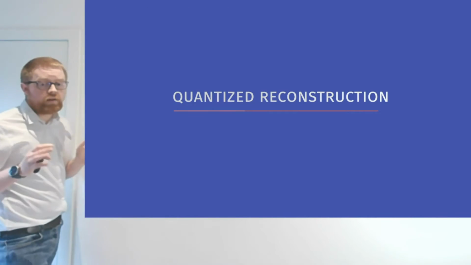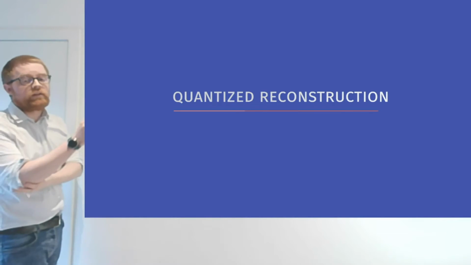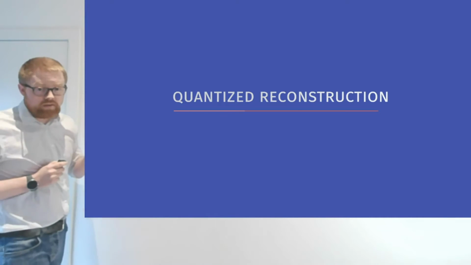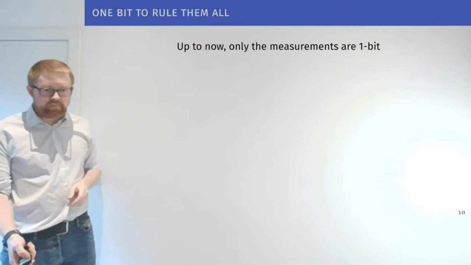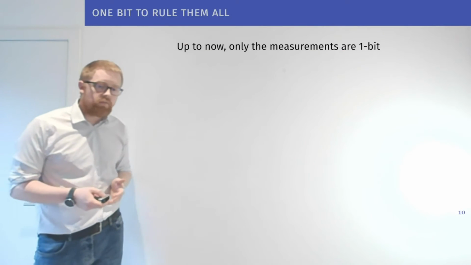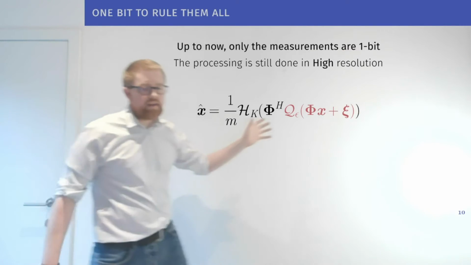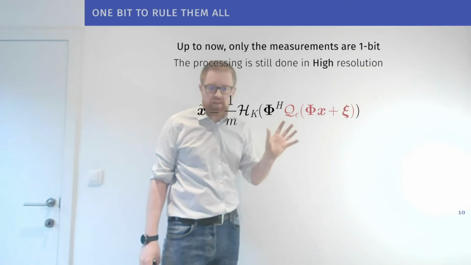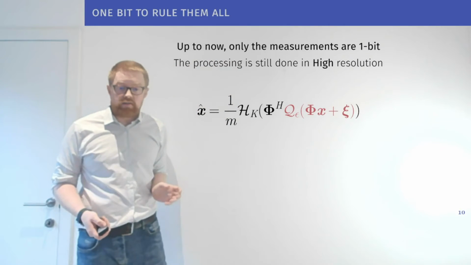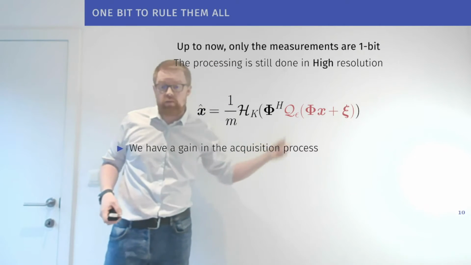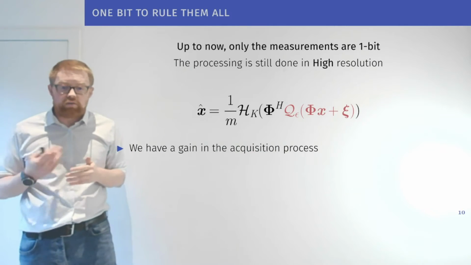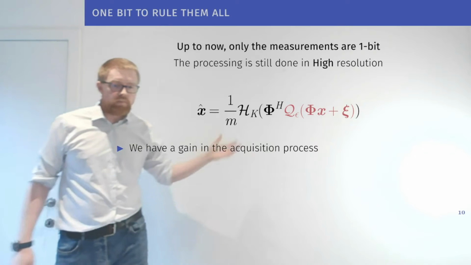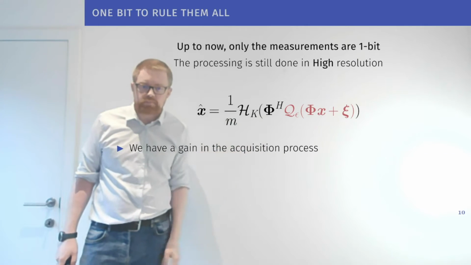So that was all for what happens when you want to quantize your measurement. Now, if you want to go even further and quantize your reconstruction, let's see what happens. Because if you think about it, what we've been doing up to now is just looking at the acquisition part, but we're not doing anything about the reconstruction. For the acquisition, because this is a lower resolution, we have a gain, so we can use lower resolution ADCs, low power, or maybe higher frequencies, but we're not doing anything smart here.